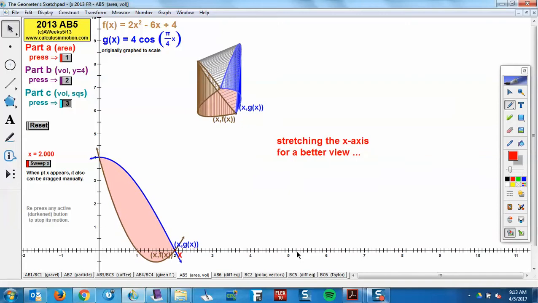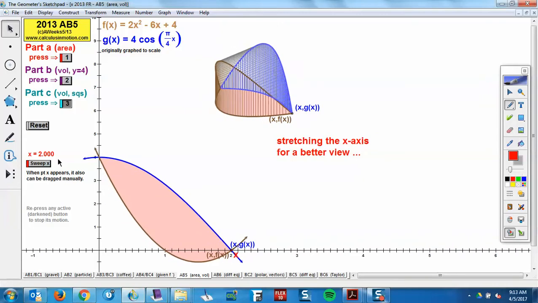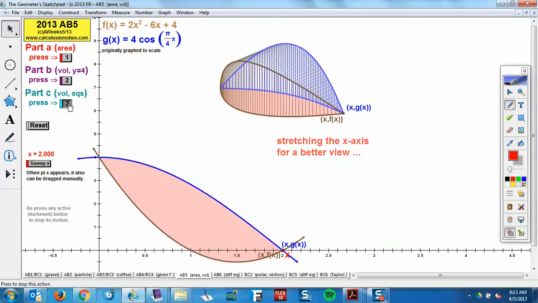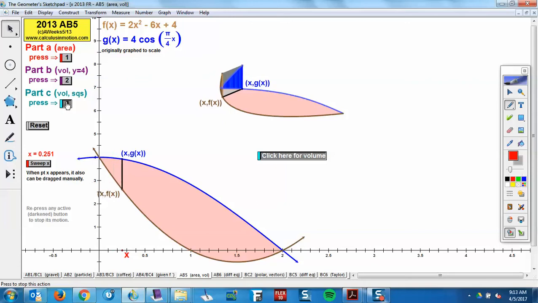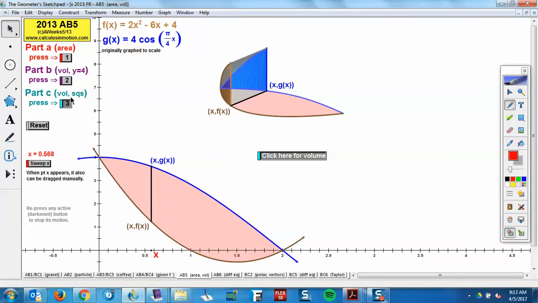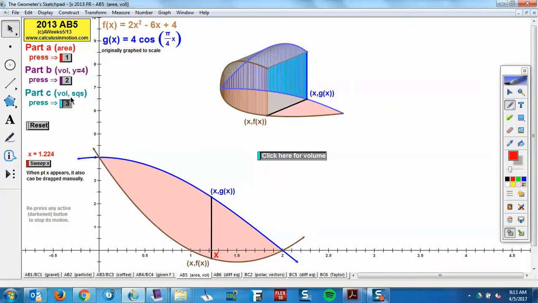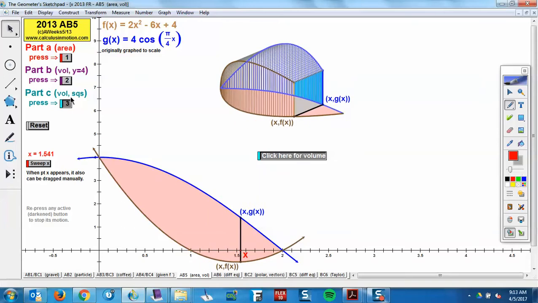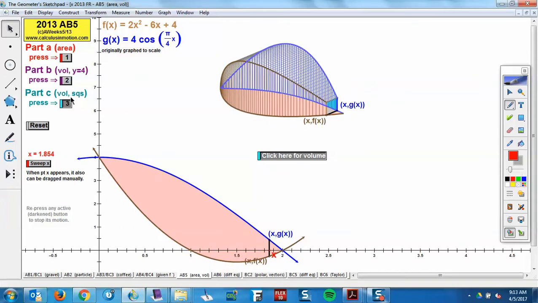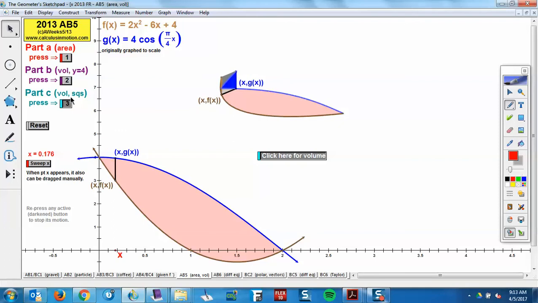Can everybody see that? So what is the strip now when you look at it up here? Well, right, strip is top minus bottom, but what part of the slice is the strip?